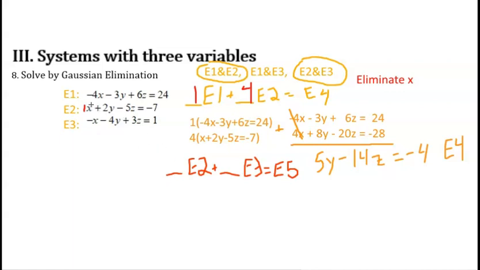To get the x's to cancel here, we don't have to change anything, so we'll really just multiply these by 1. So we could go ahead and write out our two equations.